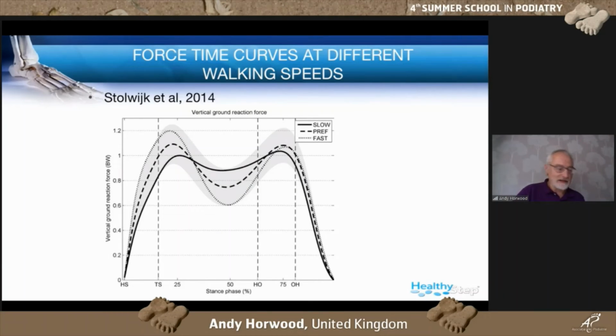Now, interestingly, the preferred walking speed seems to offer the best solution, which is our dashed line here. So for the preferred walking speed, we get a lower, longer impact peak than we get at faster walking speeds, and a sort of middle of the range mid-stance weight transfer force. And yet we're able to maintain the same acceleration peak that's similar to fast walking.